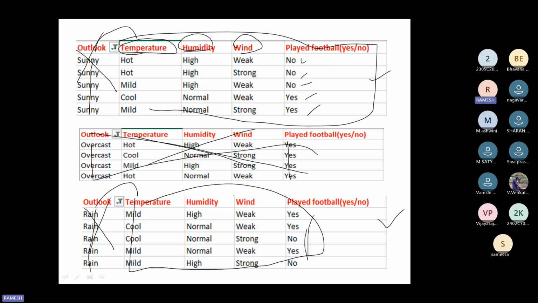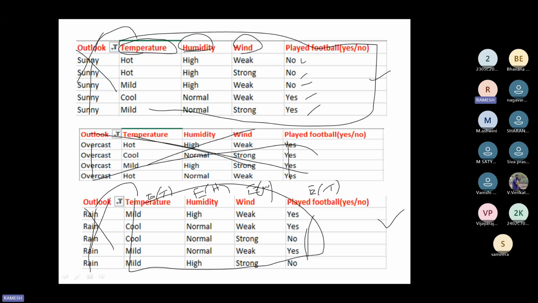From this, we are going to calculate the entropy of the target variable, entropy of temperature, entropy of humidity, entropy of wind. Again, we'll calculate the entropy of each and every column, and we'll calculate the information gain of each and every column.